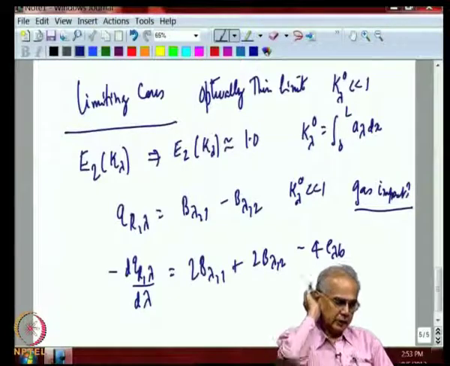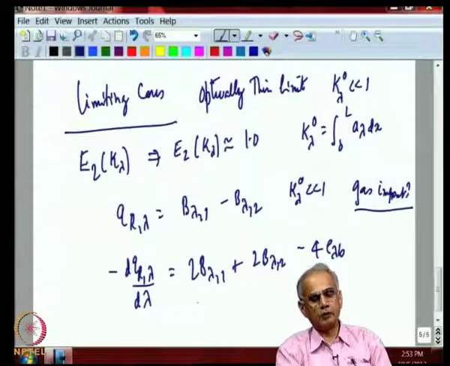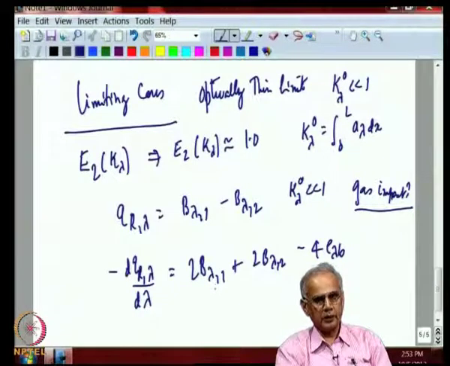The second expression shows that even up to the thin limit, there is some absorption. This expression is the expression for absorption by the gas of the radiation leaving surface 1.